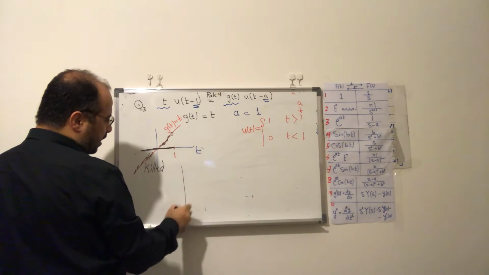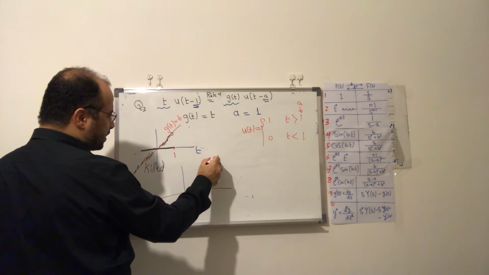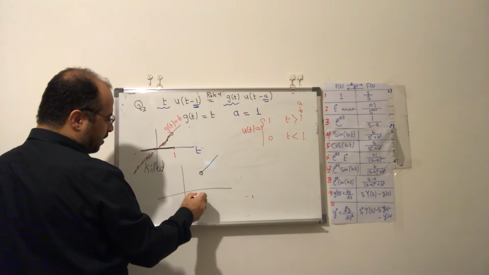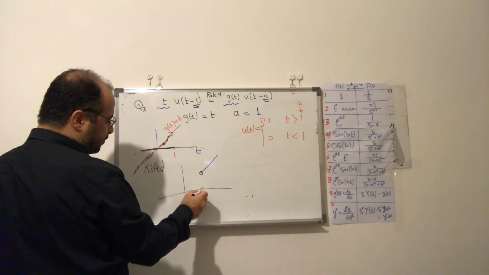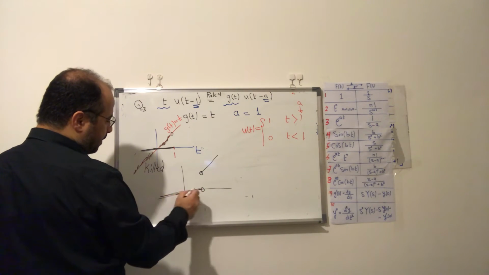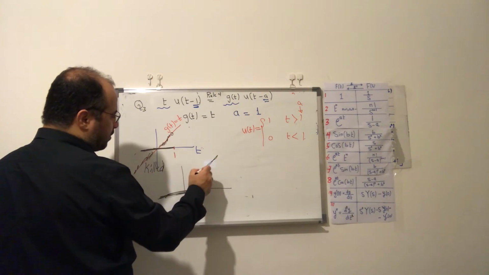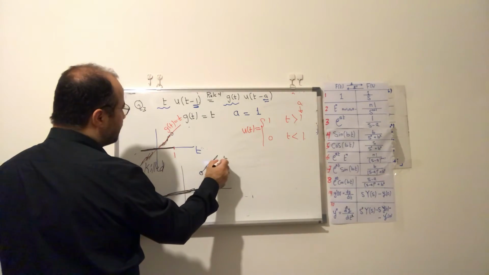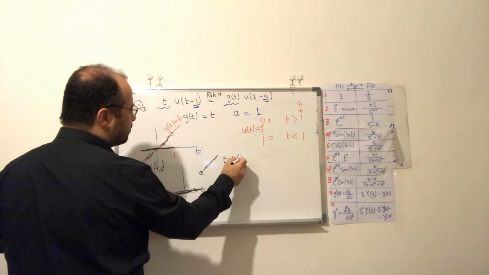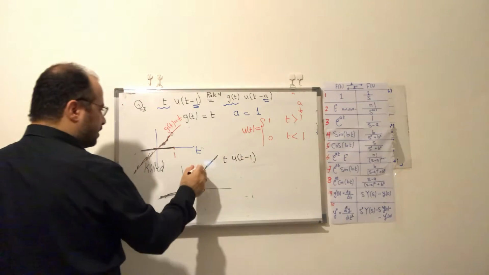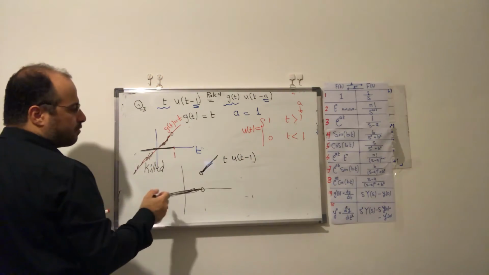What I got here is t times u(t minus 1). Then this is our function.